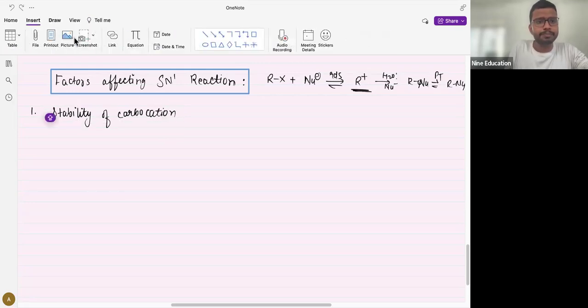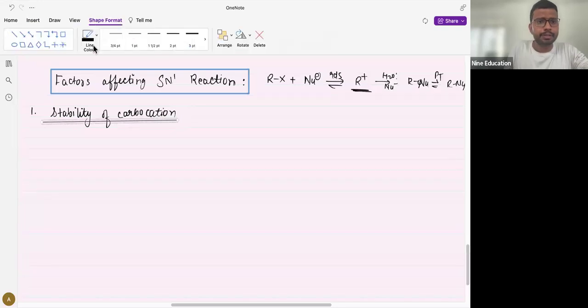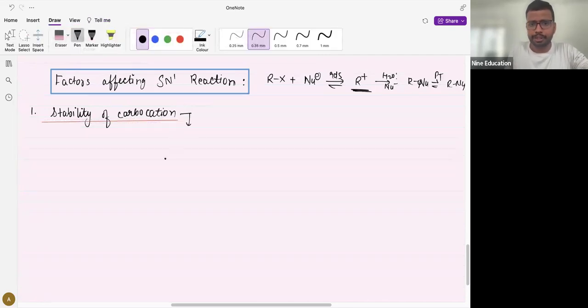So in stability of carbocation, how do we check?